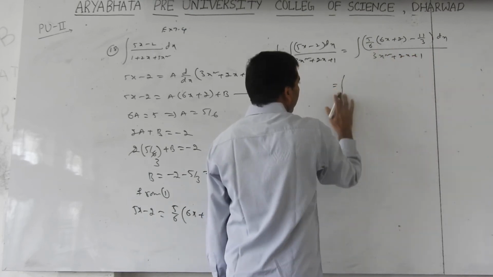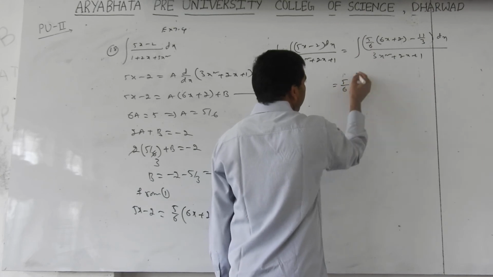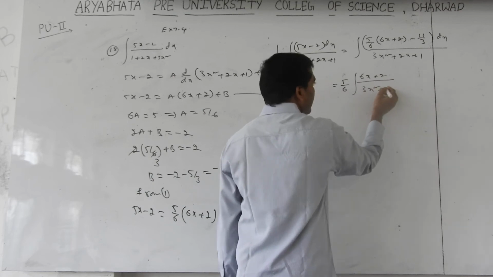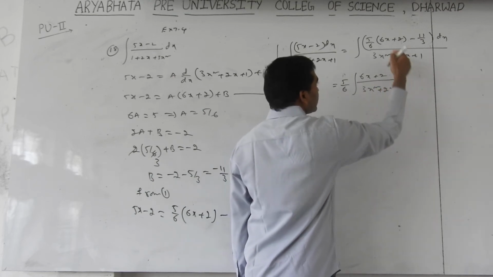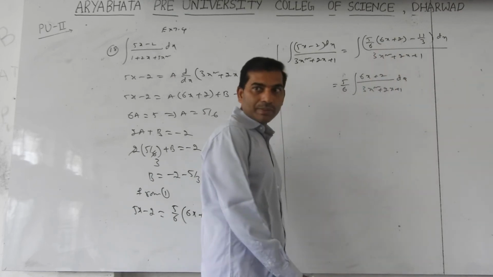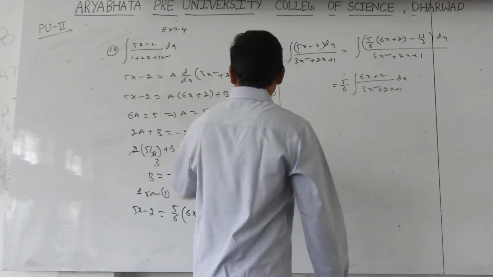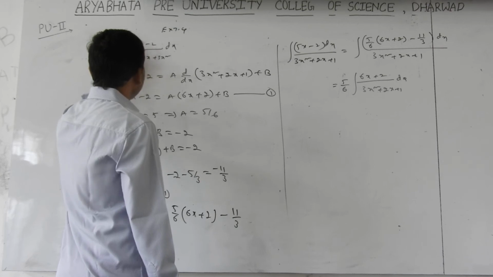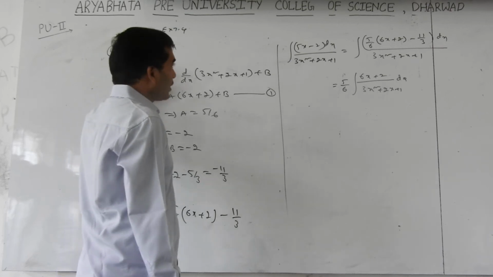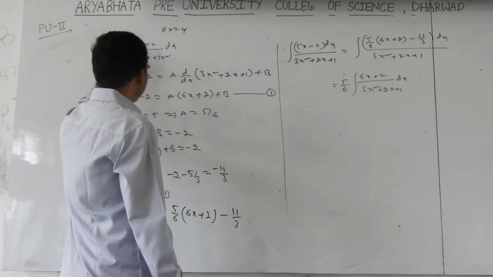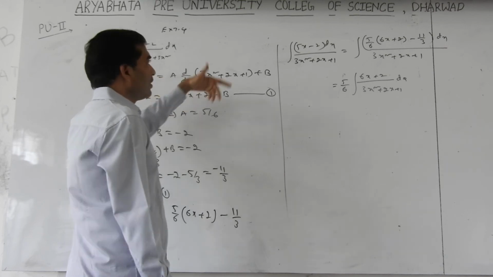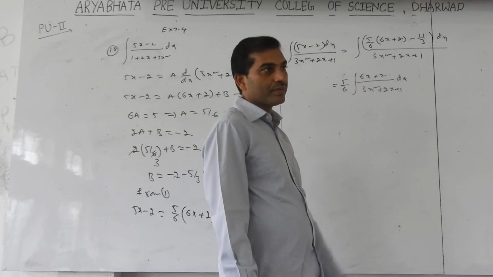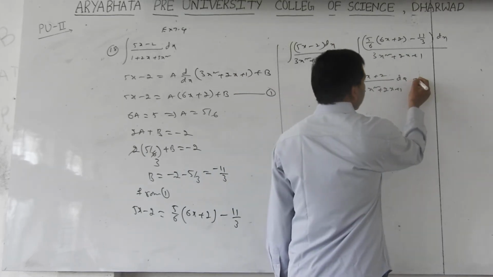Splitting here: 5 by 6 integration of 6x plus 2 by 3x square plus 2x plus 1 dx. We split this way because directly you can't get the integration. That's why, to get the integration, if you make the numerator in this form, we can simplify easily and the integration will exist. Minus 11 by 3.